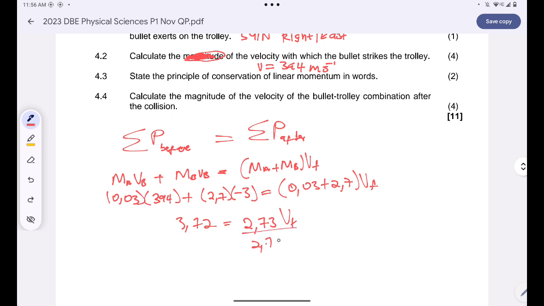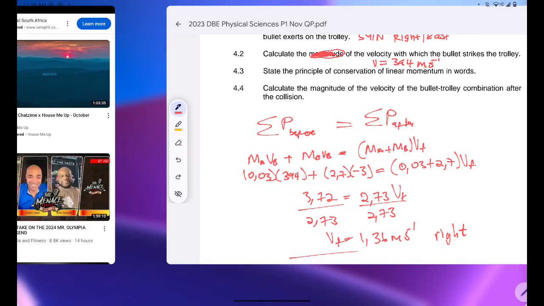When I divide both sides by 2.73, I'll get my velocity to be 1.36 meters per second to the right, since I found my velocity to be positive.